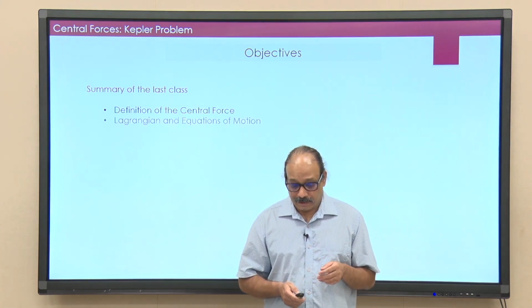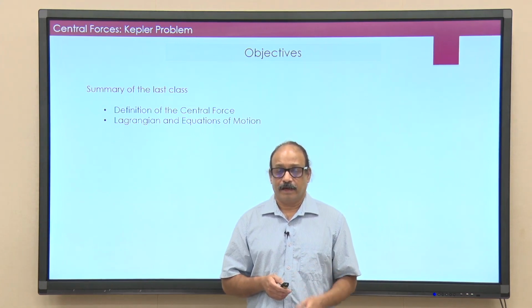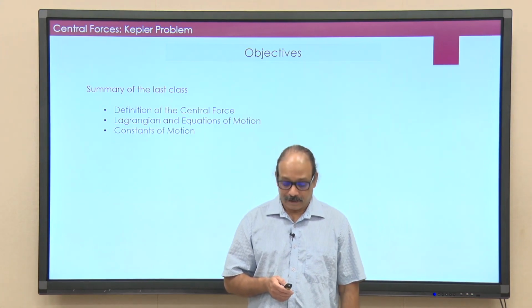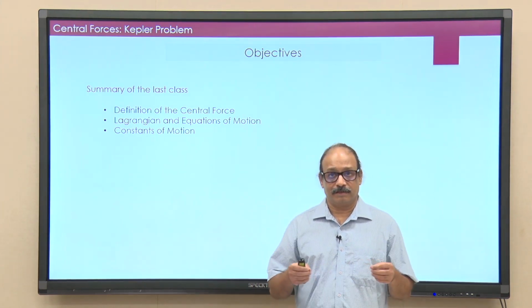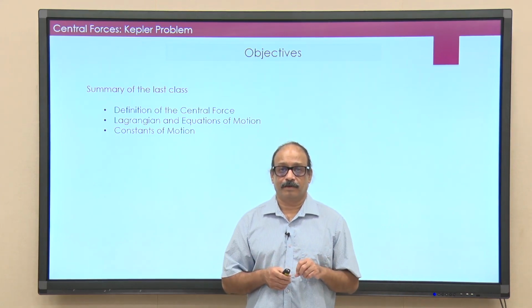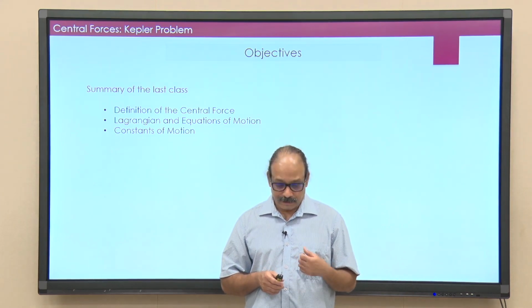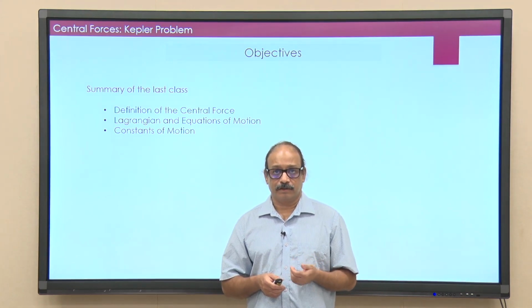Okay. Then we wrote down the Lagrangian and equations of motion, and then we discussed the constants of motion. Remember, it is conservative, so energy happens to be one of the main constants of motion, and in this case it turns out that the angular momentum is also a constant of motion.